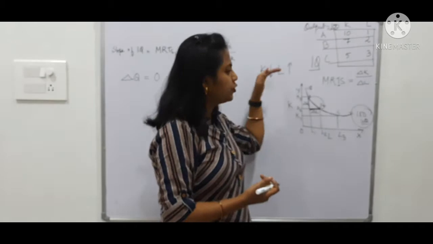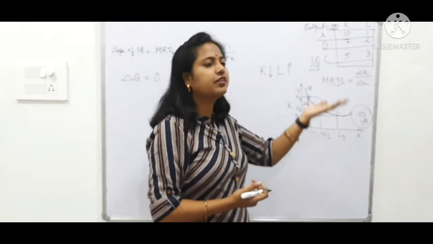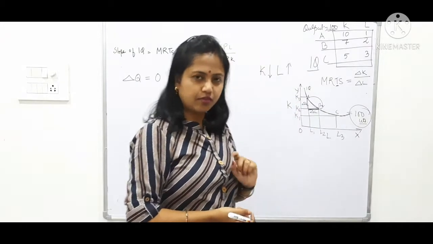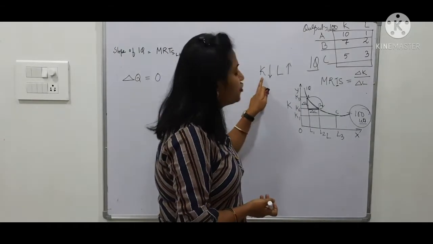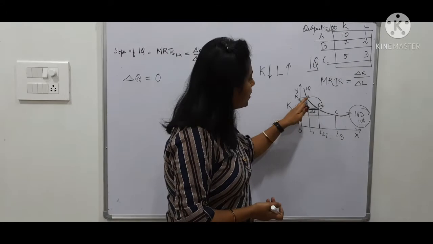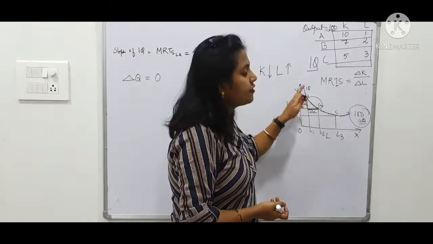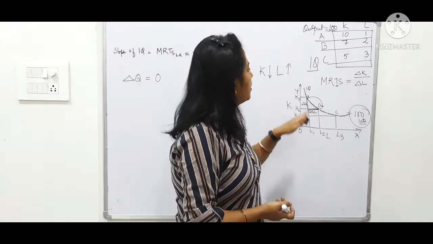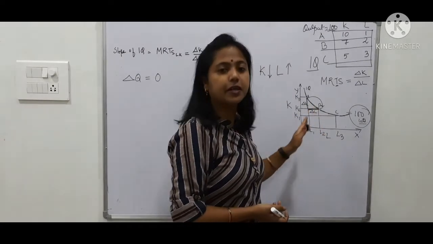I reduced capital but I increased the labor. As a result, these 100 units remain unaffected. But I have changed the capital when I go from A to B. I have decreased the capital to gain some labor.